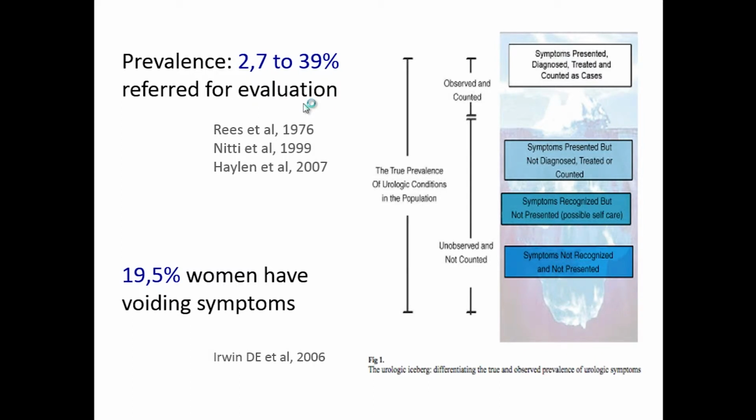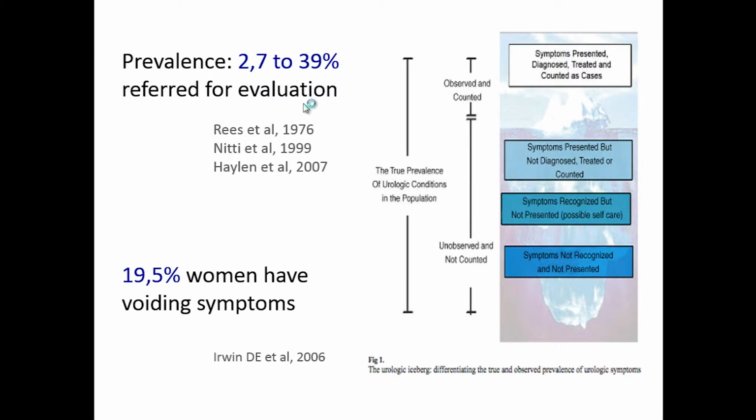There are a lot of patients who have symptoms but don't recognize them and don't present them. There are patients who have symptoms, recognize them, but don't present to the physician. And there's also a significant number of patients that have symptoms, present to the physician, but are not diagnosed. So we just see the tip of the iceberg: those who have symptoms, present to the physician, and actually get the diagnosis.